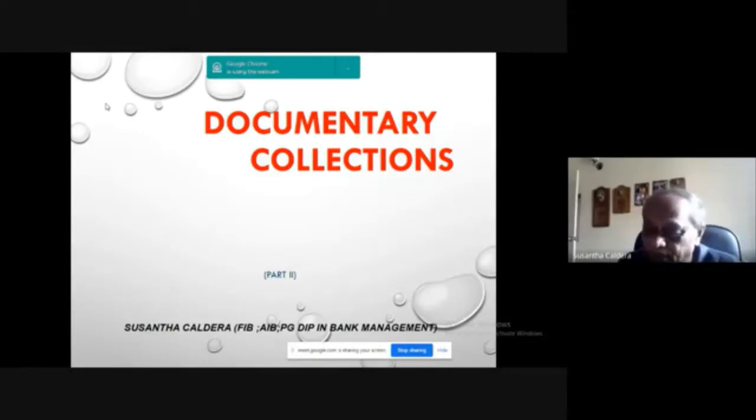Otherwise, you have to ask the remitting bank, by a SWIFT message to Sampath Bank, to say, please transfer this set of documents to Standard Chartered Bank.